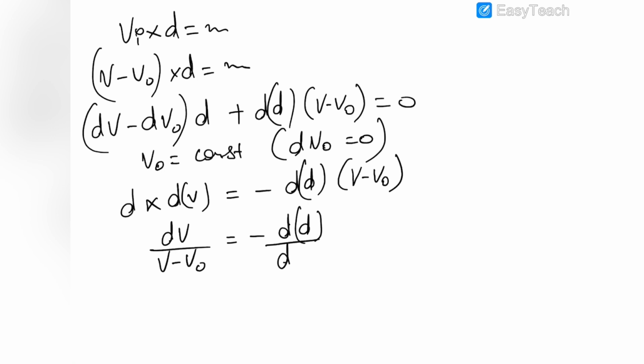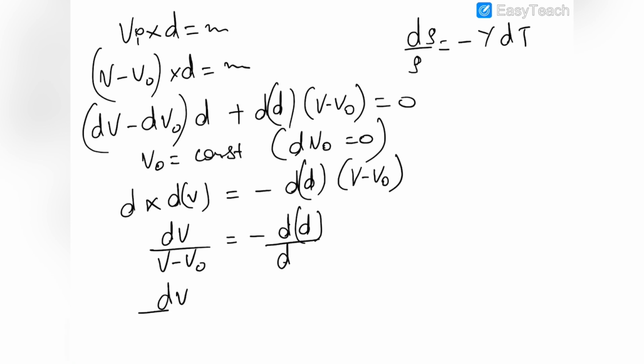Now we know that d rho by rho, the change in density upon original density, is minus gamma of liquid into delta T, or dT. So we can replace it with this one.